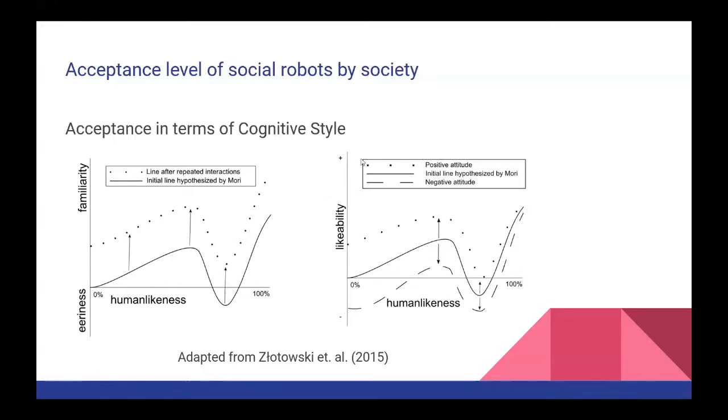With the positive attitudes, they can accept a robot highly, with an increase. Likability and familiarity depend on the repeated interaction with the robot. Although the human likeness still has the same graph of valley, the familiarity is increased.